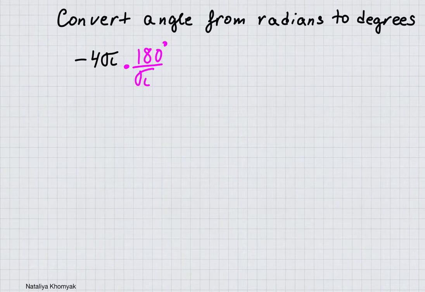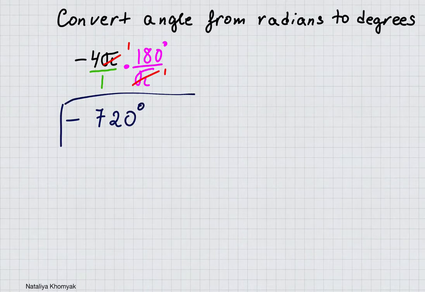We are multiplying a whole number by a fraction, but remember that you can always divide by 1 and still have the same value. So now we have pi divided by pi gives us 1. So we are left with negative 4 times 180 gives us 720 degrees. And this is our answer.